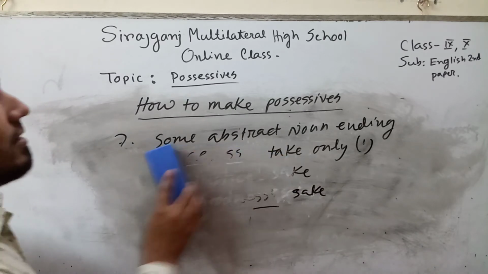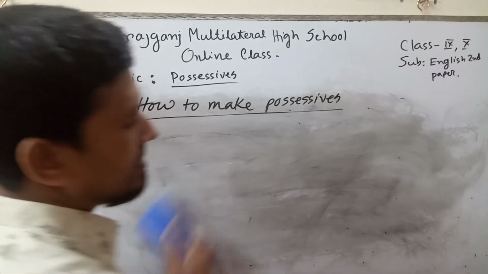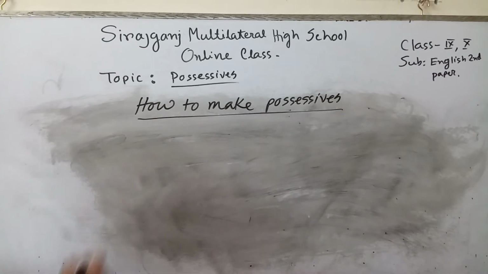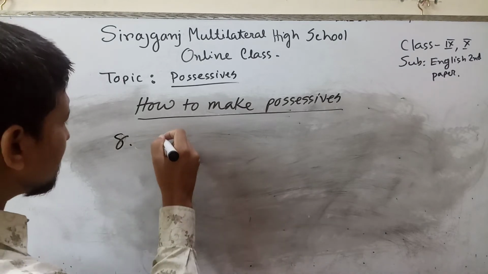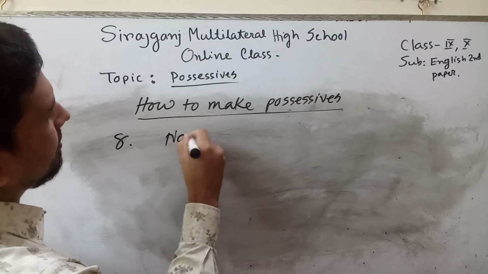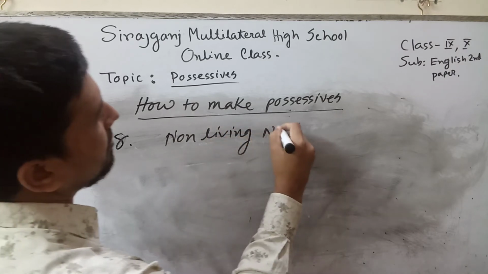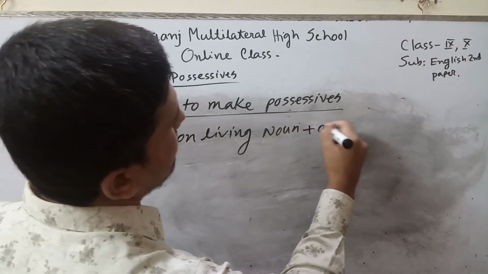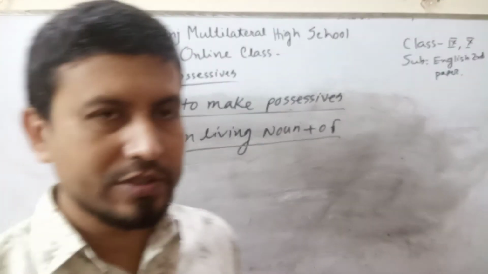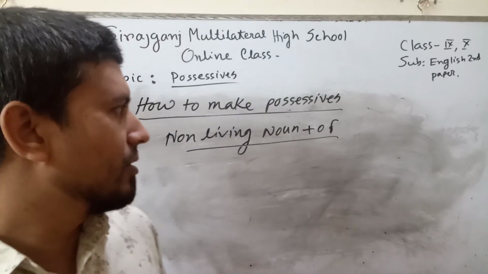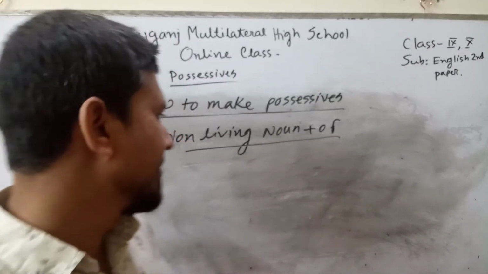Now there is another example of possessive, number 8, that is non-living noun plus of. You have to use only of after a non-living noun, without apostrophe s.